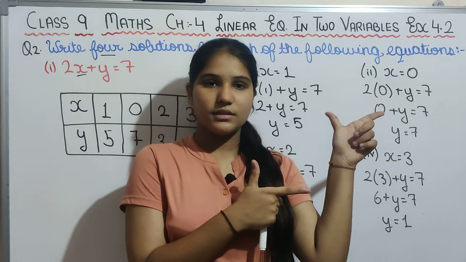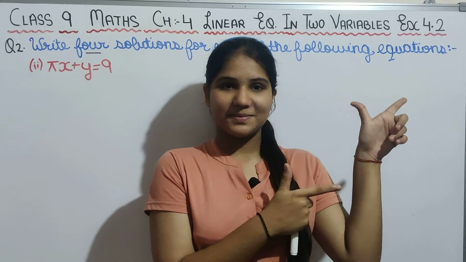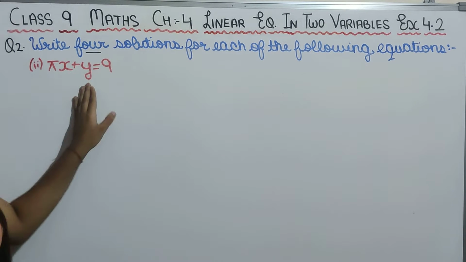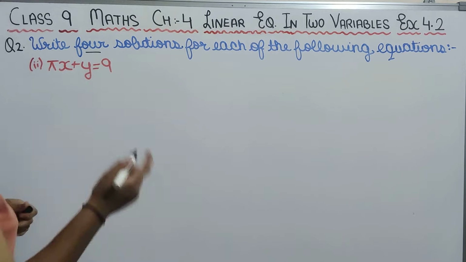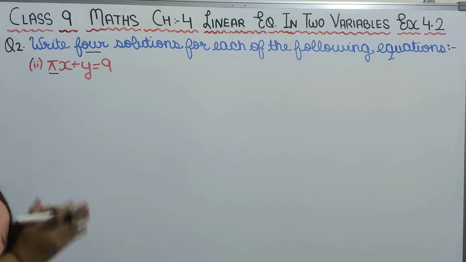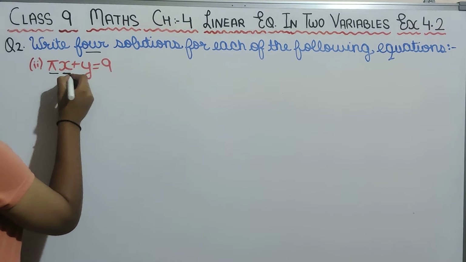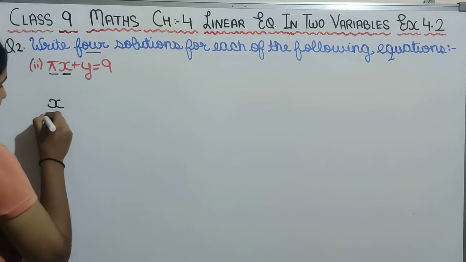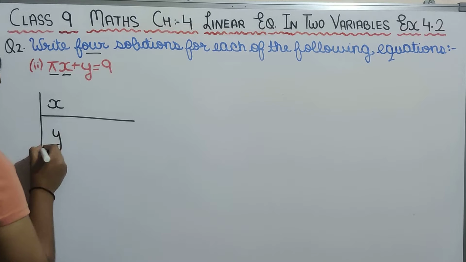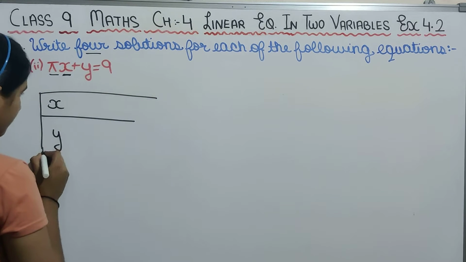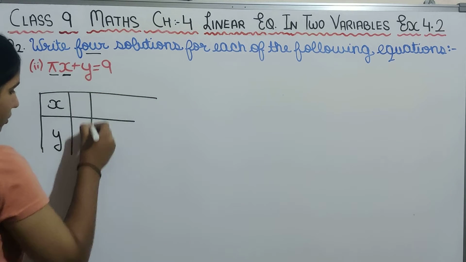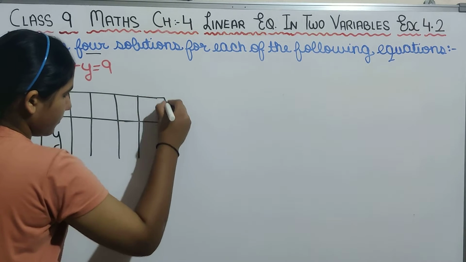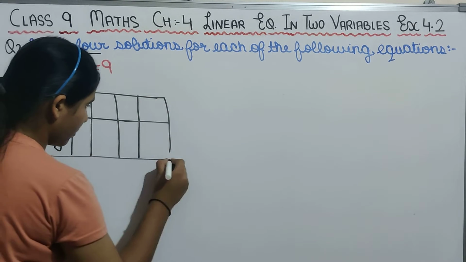Let's come to the second one: pi x plus y is equal to 9. See, pi is there, so no need to get confused. You have to do the same, taking out the value of y. First let's make the table: 1, 2, 3 and 4.